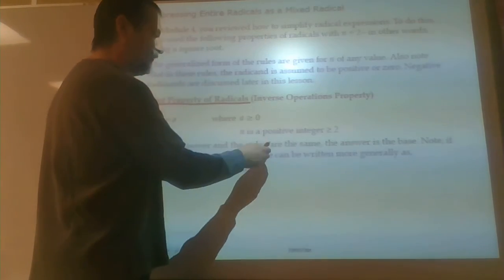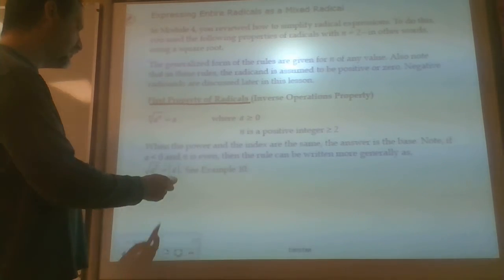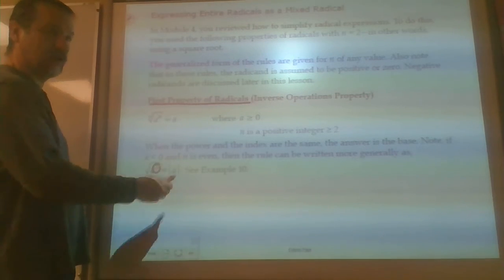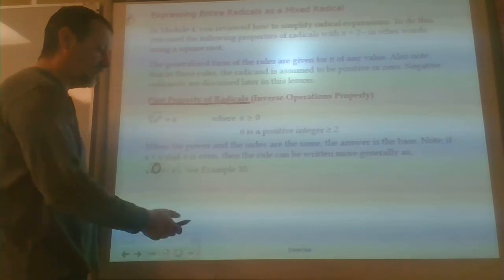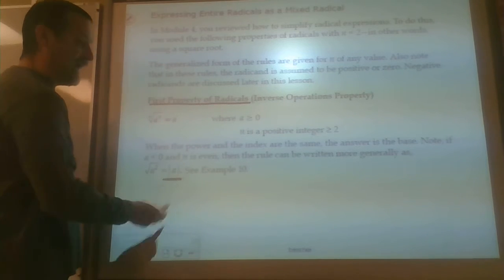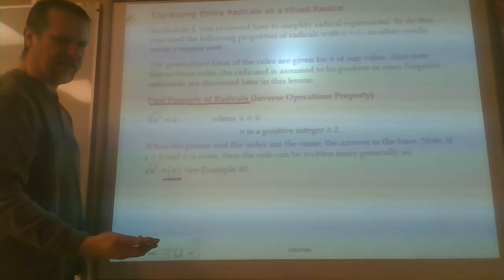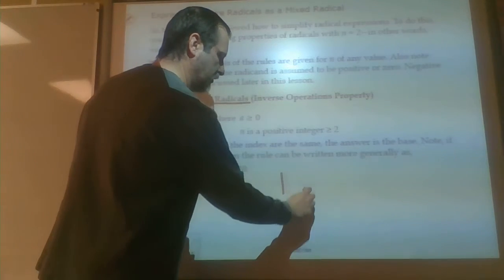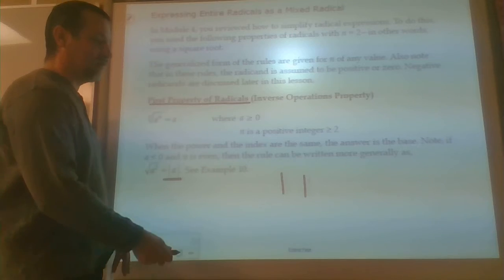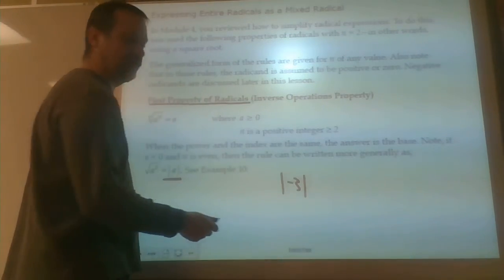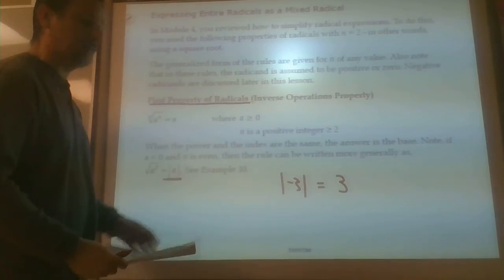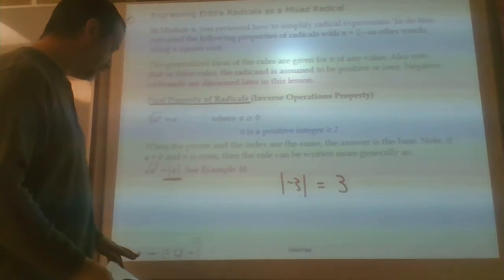If n is a positive integer greater than or equal to 2, basically what we're saying is if your index and the exponent on your radicand are the same, then it's going to be the value of a, more specifically the absolute value of a. In my grade 10s, we didn't deal with that. The absolute value brackets just mean whatever's inside must be a positive value. So if this is the absolute value of -3, the answer is going to be +3. We will deal with absolute values more in an upcoming unit.